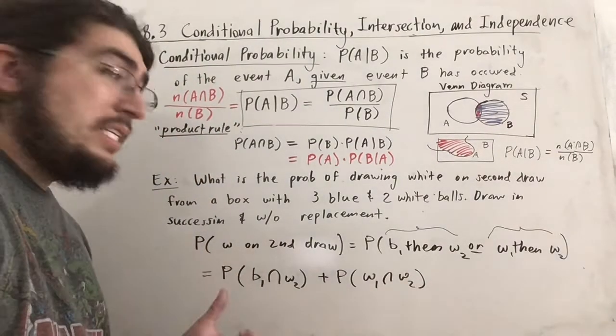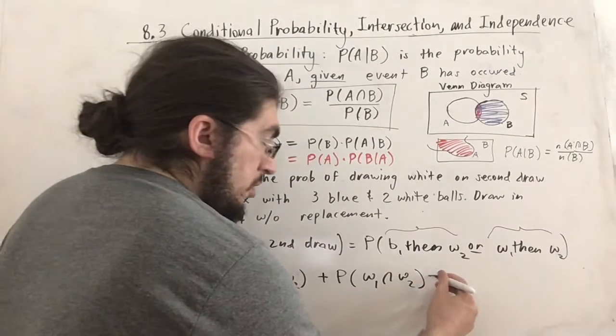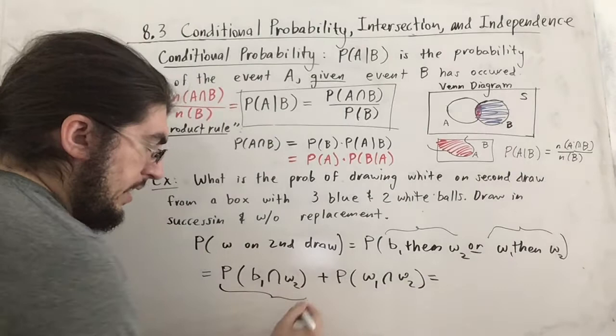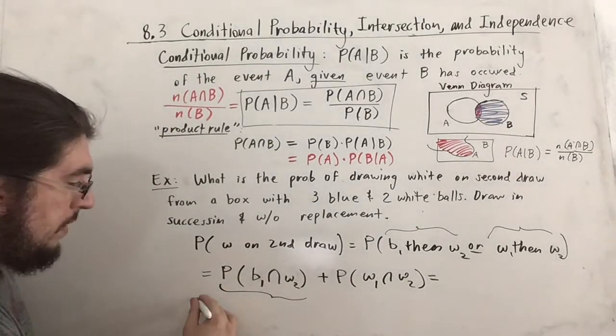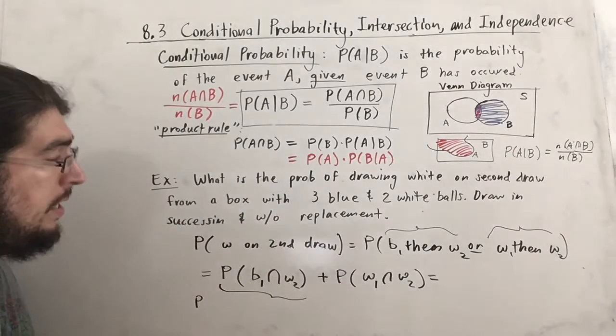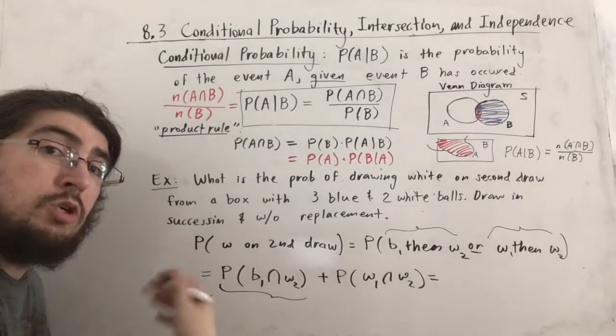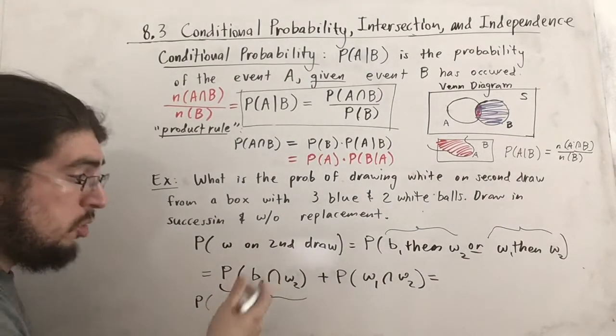All right, so all we need to do now is apply this product rule with each of these in mind. The first one is the probability of drawing blue first, and then after that drawing white.